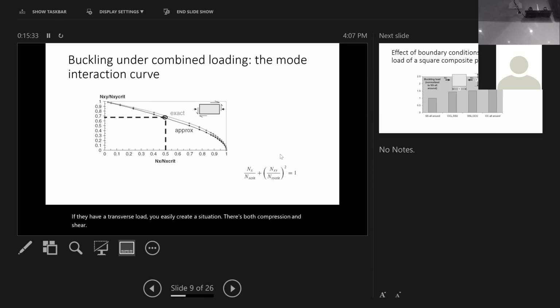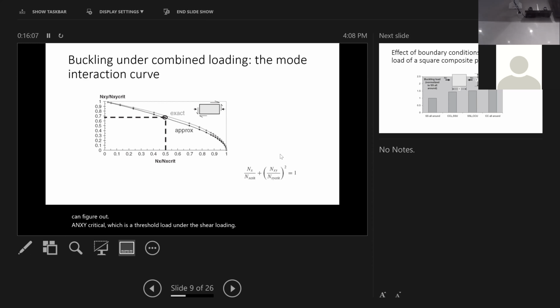There is a simple equation that you can adopt when you have to analyze a case like that. You can divide and conquer. You can analyze the same plate under a compression load only and find its threshold, the critical load, Nx critical, the buckling threshold under that single load. And then you can figure out Nxy critical, which is the threshold load under the shear loading.